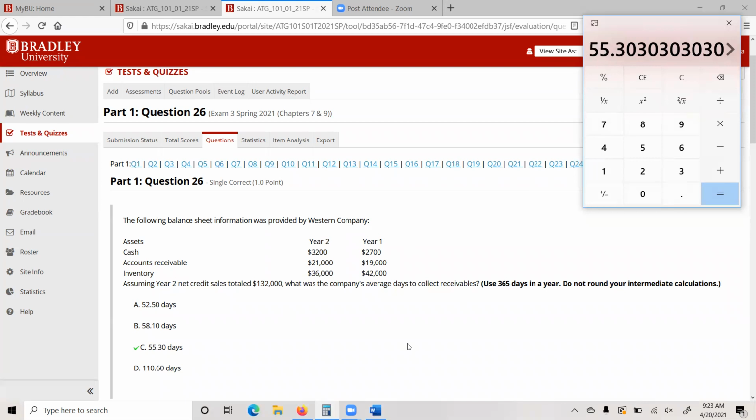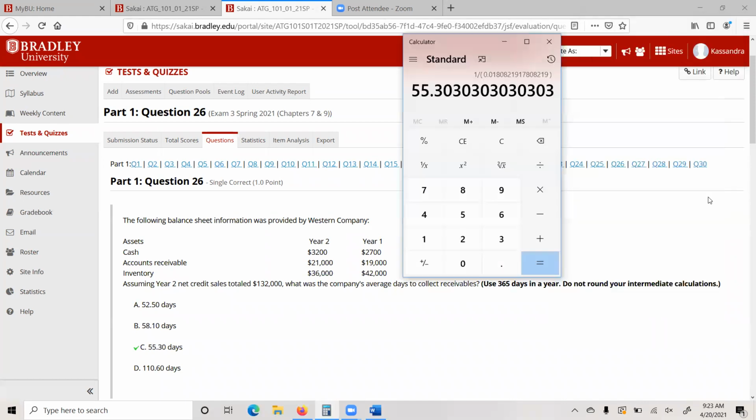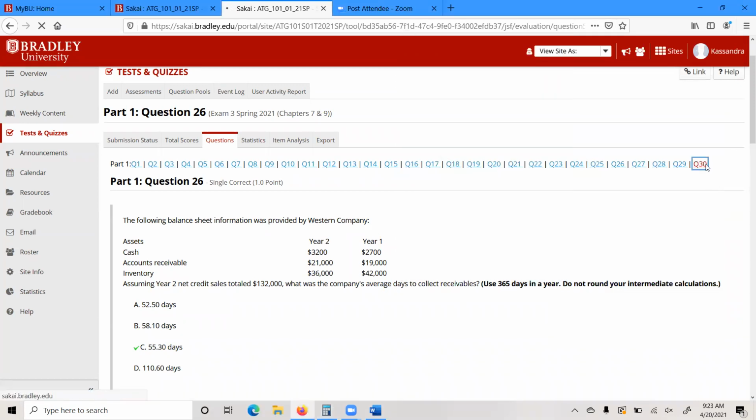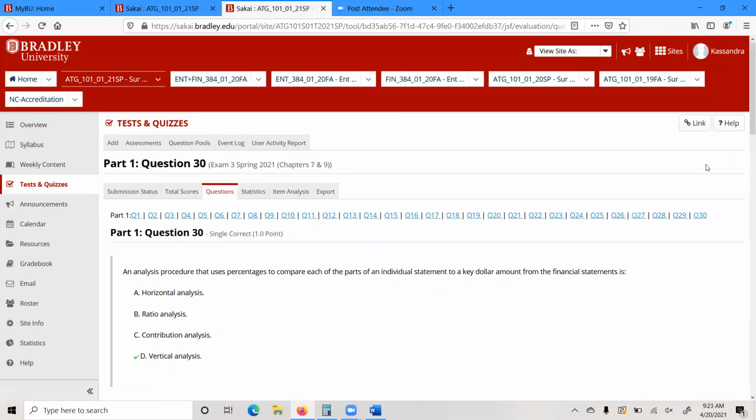And then we'll go over one more, which is the very last problem, problem 30. Question 30 comes from chapter 9 and asks which analysis procedure will take a key dollar amount in the financial statements and compare all the other elements to that.